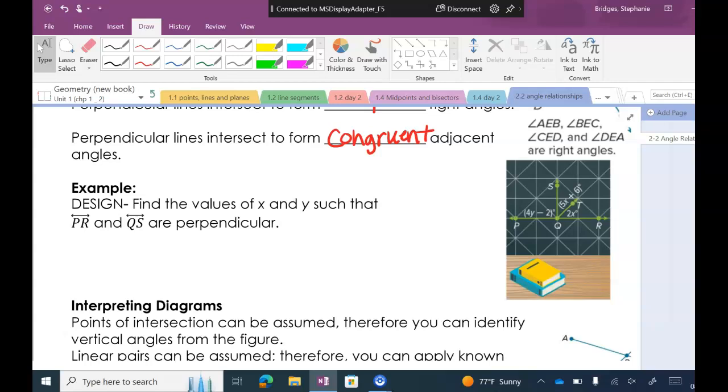Yeah. 4y minus 2 equals 90. And because they told me those lines were perpendicular, that one angle, PQS, is equal to 4y minus 2, which is also equal to 90. So I would like you to take a minute and solve that equation for y. If you need a calculator, grab a calculator.